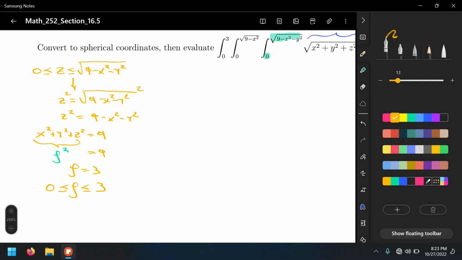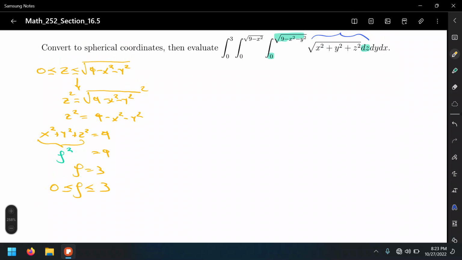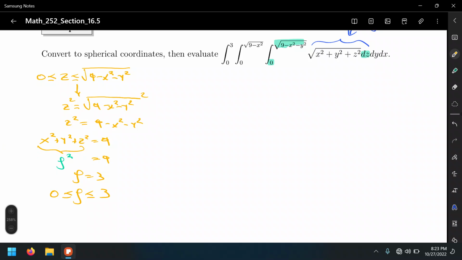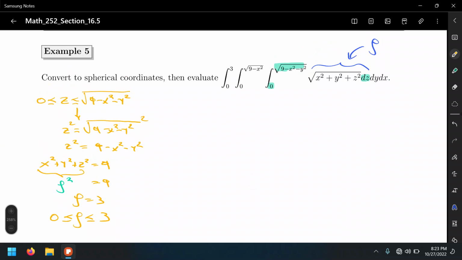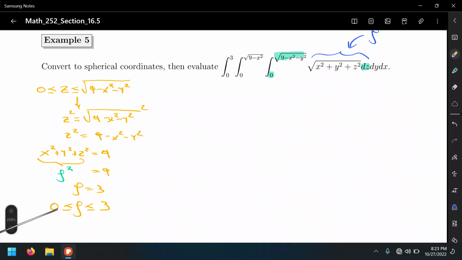In other words, check the upper limit of integration, or just check this equation right here. Isn't this the equation of a sphere centered at the origin with a radius equal to 3? So the outermost bound will be all those points that are 3 units away from the origin, and in this case, that tells us rho varies between the origin 0 and 3.